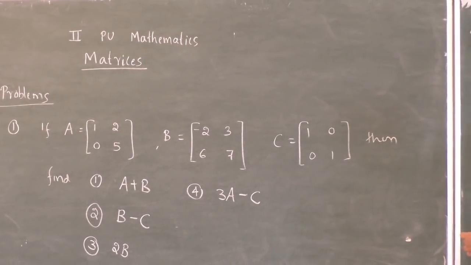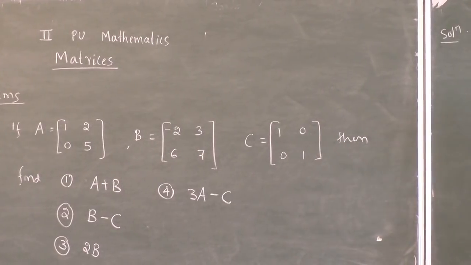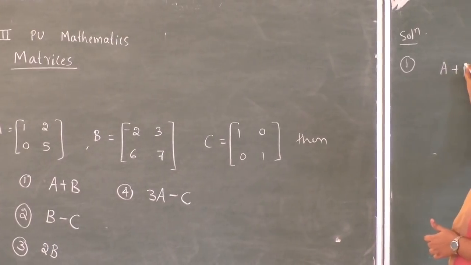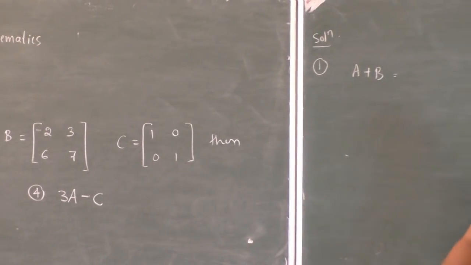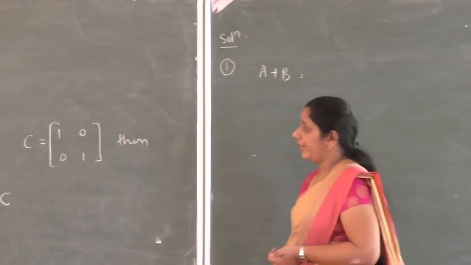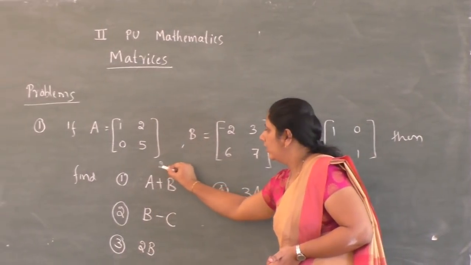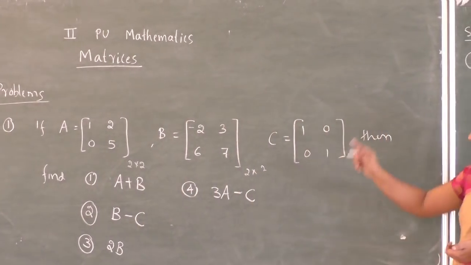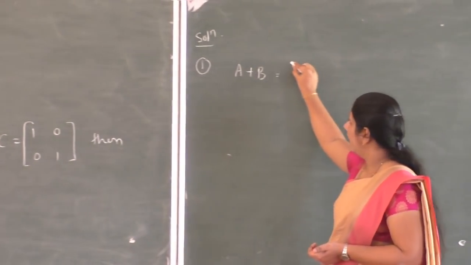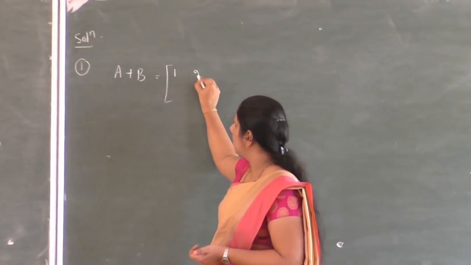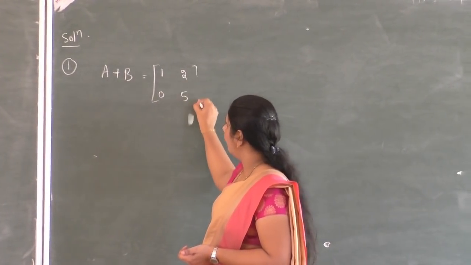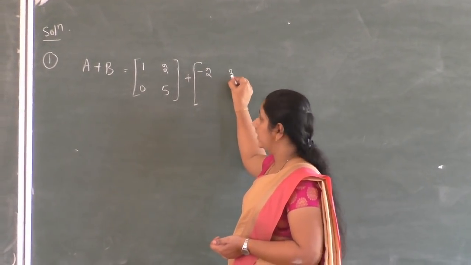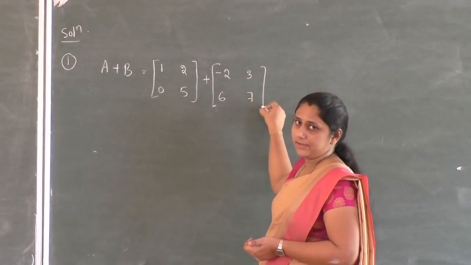Now solution. The first question is A plus B. In order to add any two matrices, order must be same. Here both order of A and B is 2 cross 2, so you can add A and B. So now what is A? A is matrix 1, 2, 0, 5 plus matrix B, minus 2, 3, 6, 7.